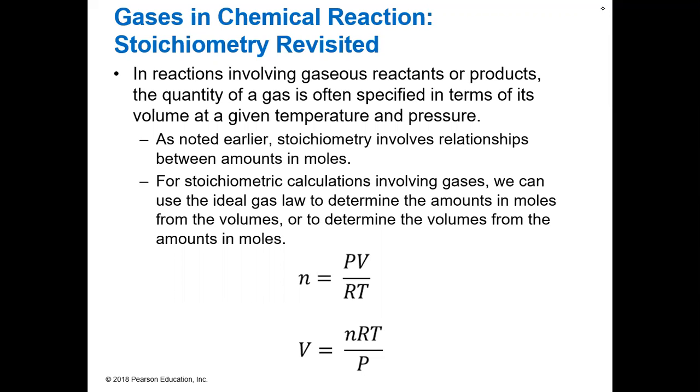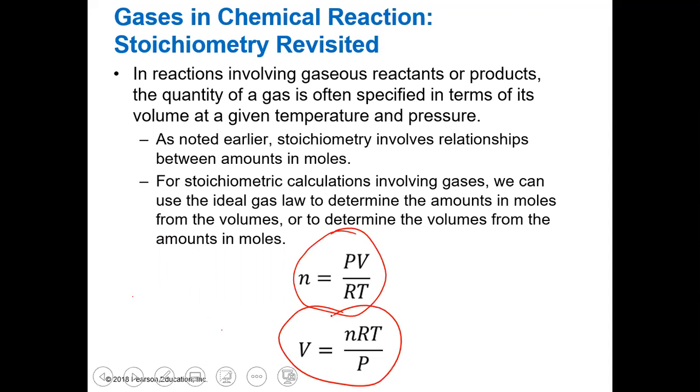A lot of times you might be asked to find the moles. Other times you might be asked to find volume. Either case, you simply are going to rearrange your ideal gas law in some way so that you can figure out what you need to know to go any further, okay?